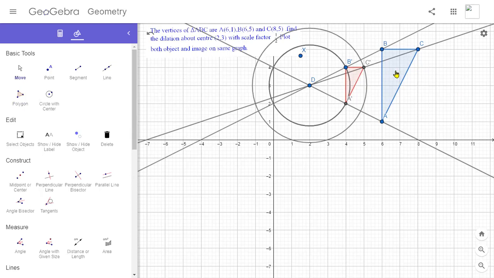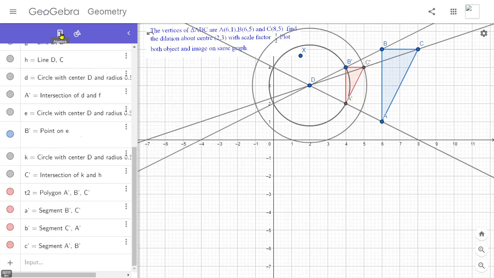Here the size of the image is exactly half the size of the pre-image because of the scale factor 1/2, and both the object and the image are located on the same side with respect to the center of this dilation.